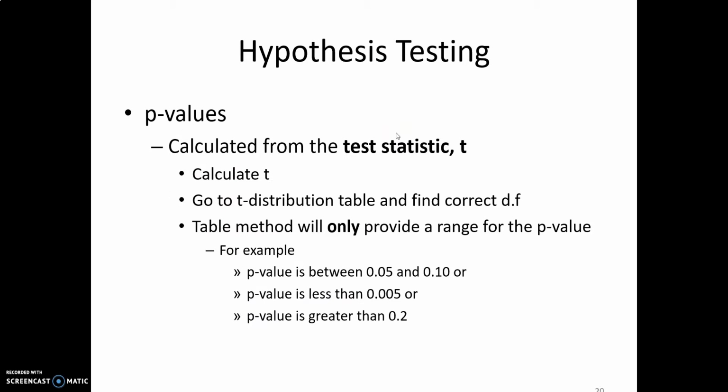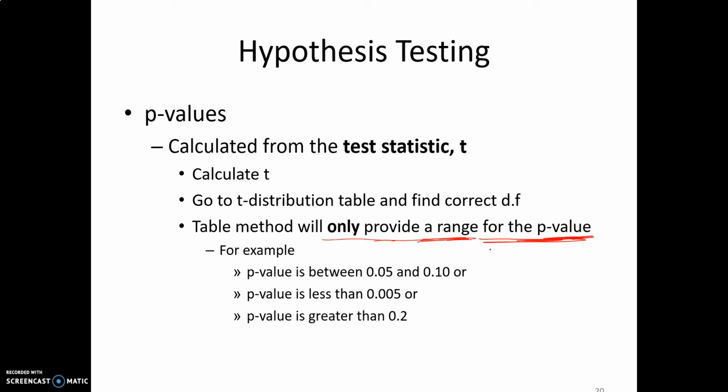So that's how we find a p-value if it starts with a z-test statistic. A p-value when we have a t-test statistic is slightly different. We start off by calculating that test statistic with the formula. And then with a t-distribution table, the only thing we can do on paper is provide a range for the p-value.